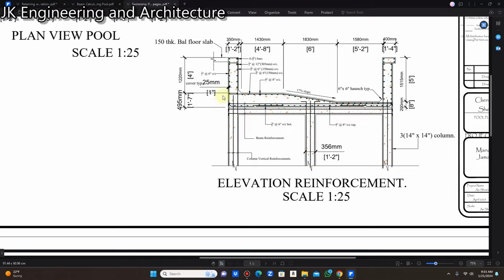So on one side of the pool, the thickness of the slab is 1 foot 7 inches. On the opposite side, the thickness of the pool is 8 inches. So the 1 foot 7 inches comes to this point here, and it slopes down 17% to this point here to 8 inches.